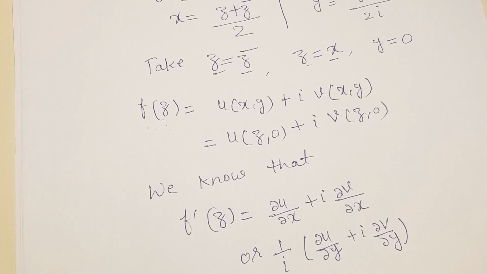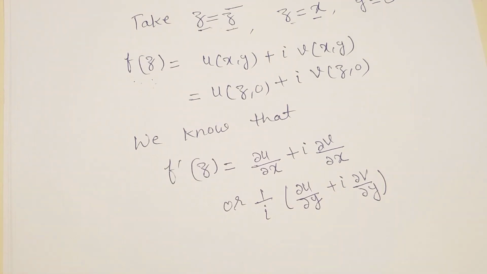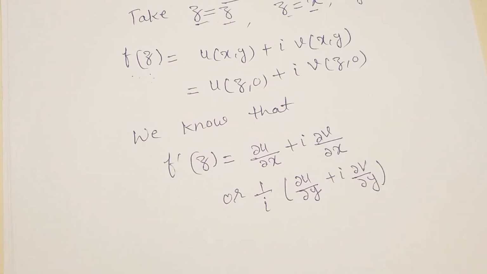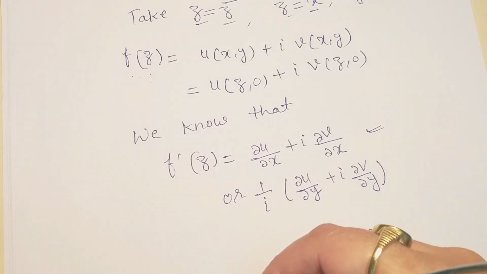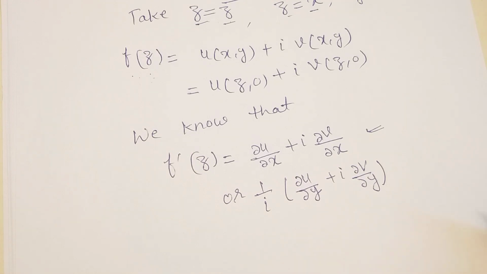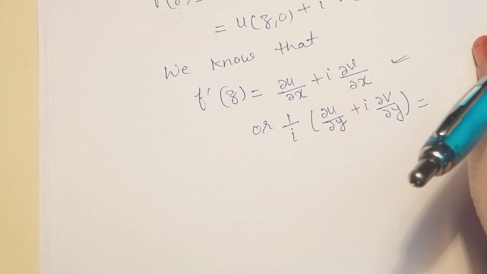We have seen this during the proof of Cauchy-Riemann conditions in my previous video lecture, you can search that. So, if u is given, then we take this first form of this equation, and when v is given, we use this second form. So, we take first case when u is given.